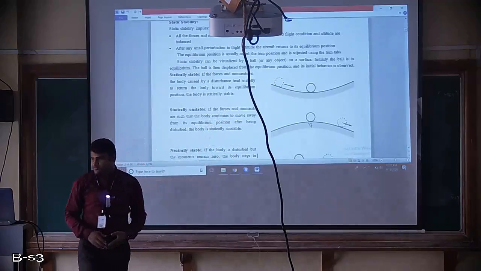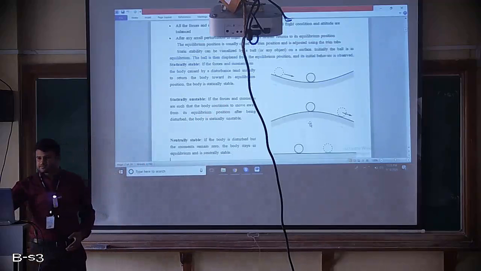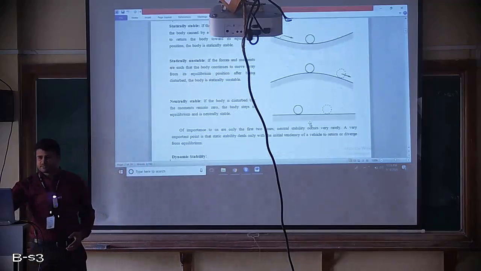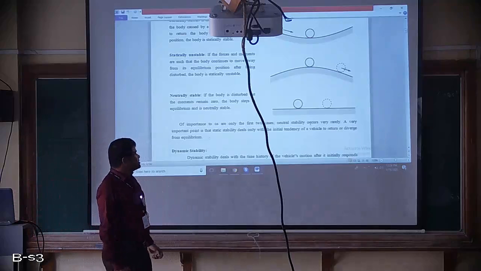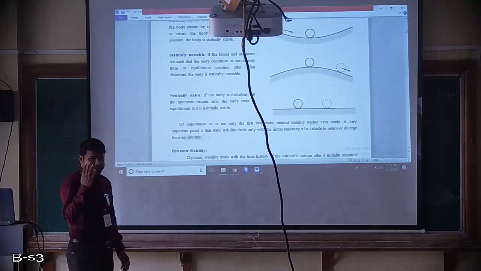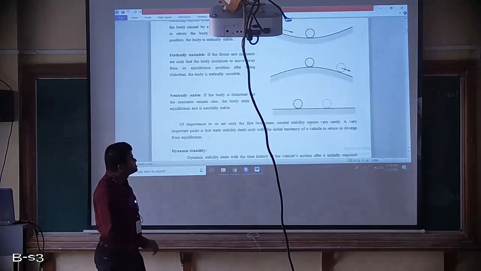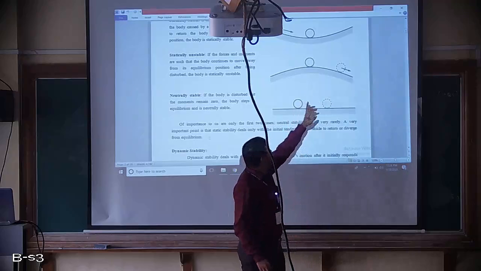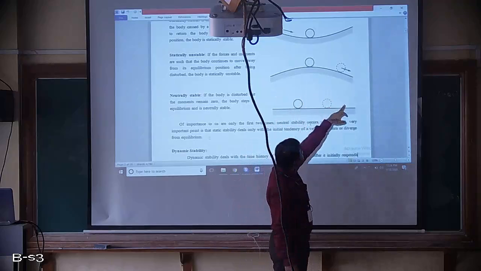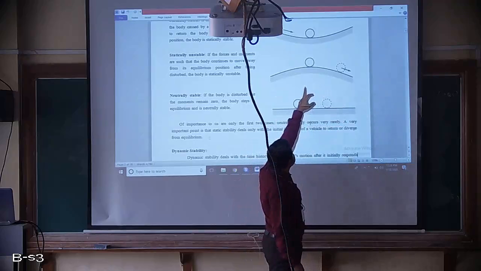So similarly, negative is there, or we can call that as statically unstable. So when we take the same example of a ball which is standing on a curve, and the curve has got outward direction, and there your ball is standing.